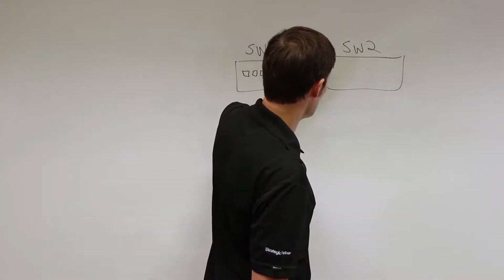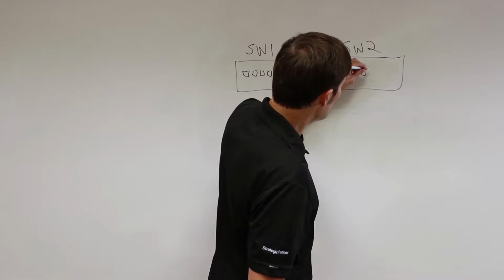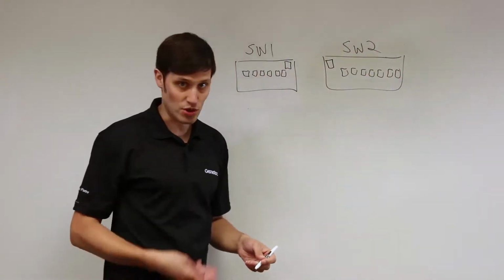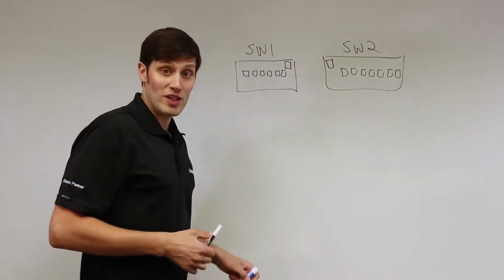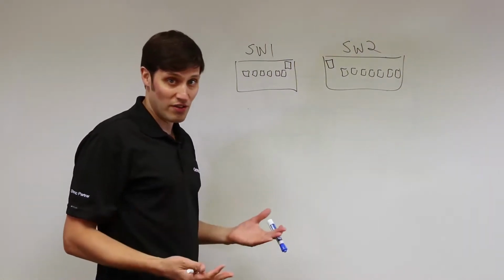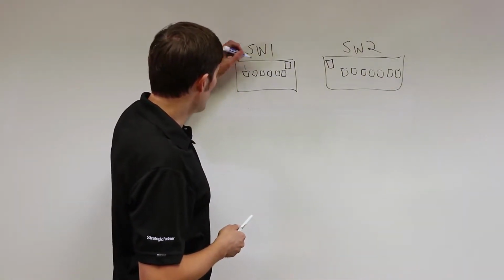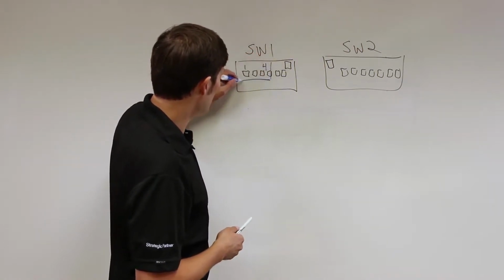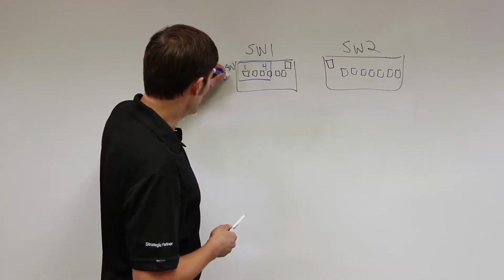Same thing here, you have an uplink port, and the 24 ports to connect devices, computers. So when you want to create your VLANs, the only thing you have to do is to say, okay, ports 1, 2, 4, for example, will belong to VLAN 100.